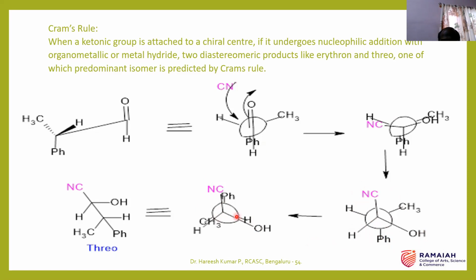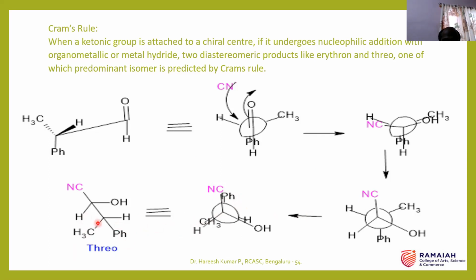When you convert the Newman projection formula into a Fischer projection formula, for the front carbon you can write CN, that is this, OH on the right hand side, that is this, hydrogen on the left hand side, that is this. Similarly for the back carbon, phenyl group is down, you have to write CH3 on the left hand side, H on the right hand side. This is how you can find out.